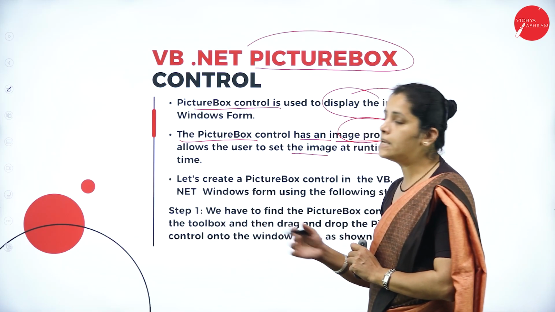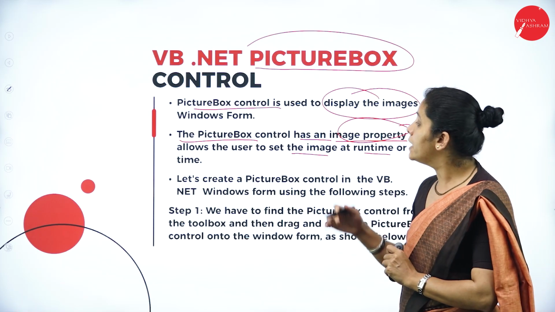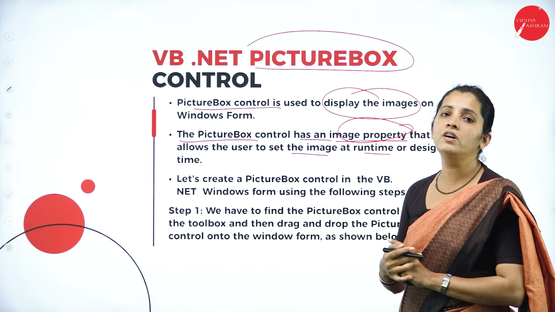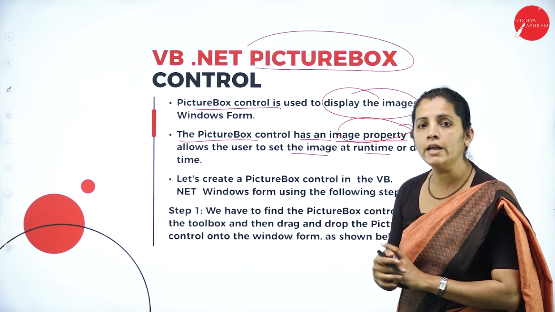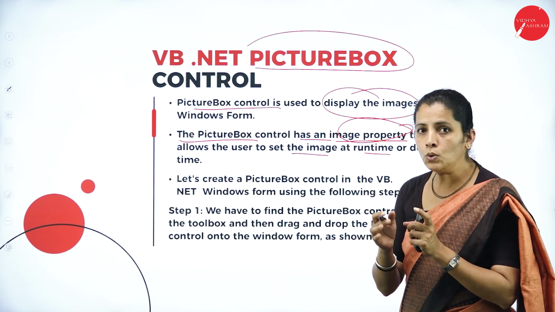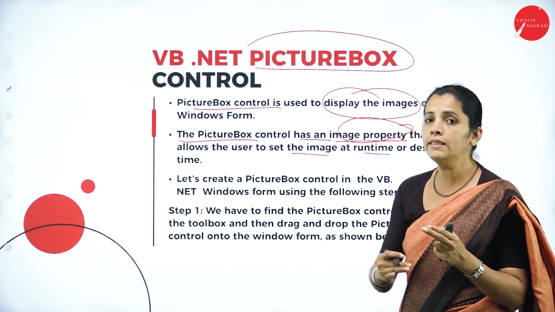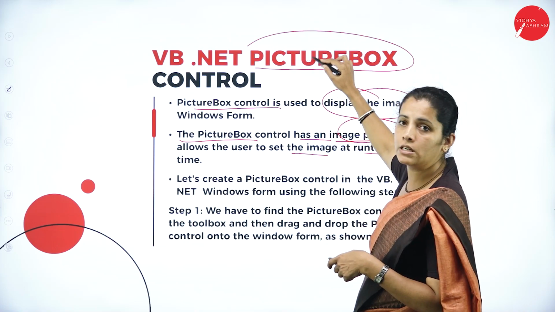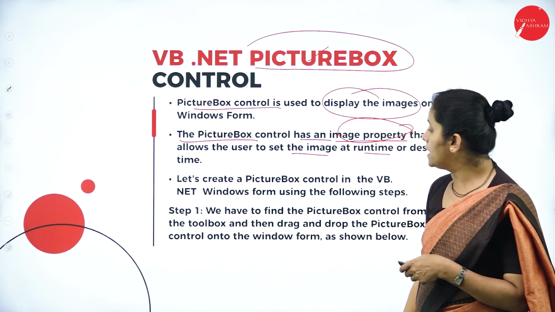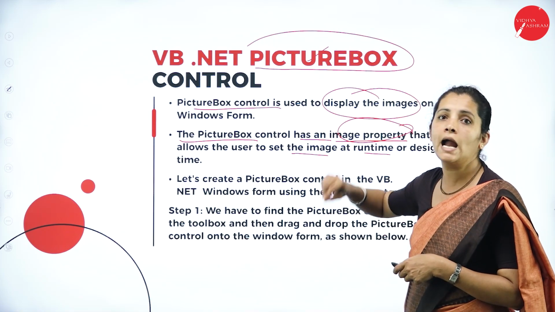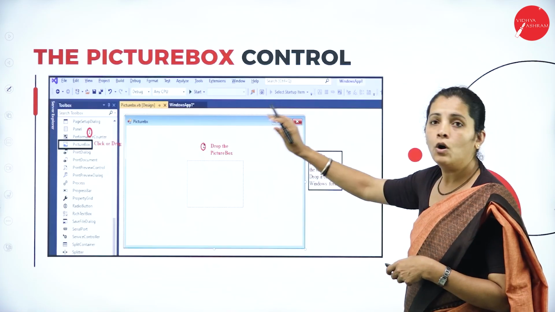So let's see how we are going to get the picture box. What I want to do first is go to the tools. In the tools, I'm going to have a list of controls. In that, particularly, I want to search for the picture box. Once I select the picture box, what I want to do is drag and drop that picture box on the form.